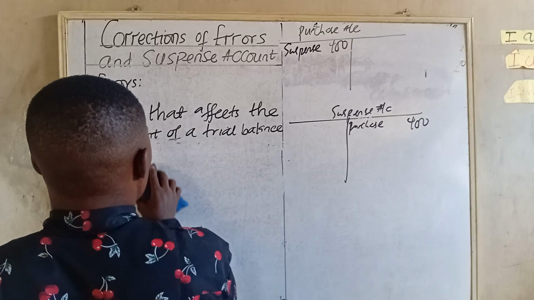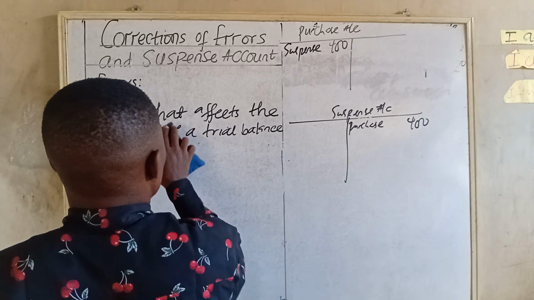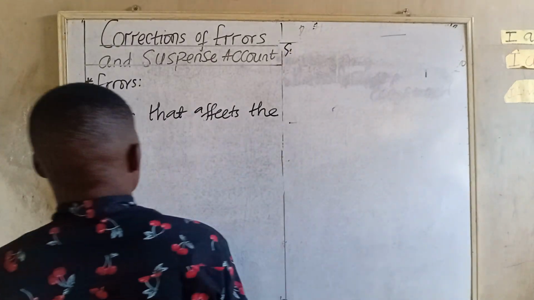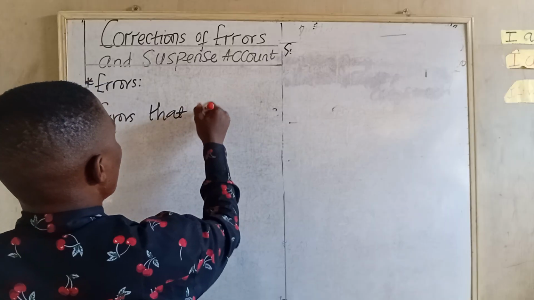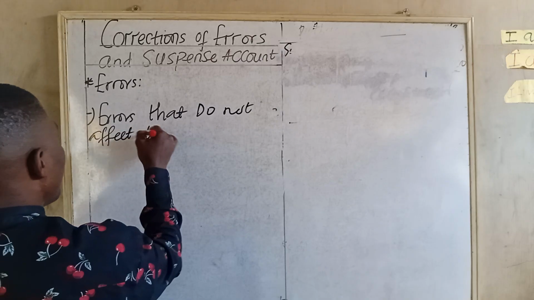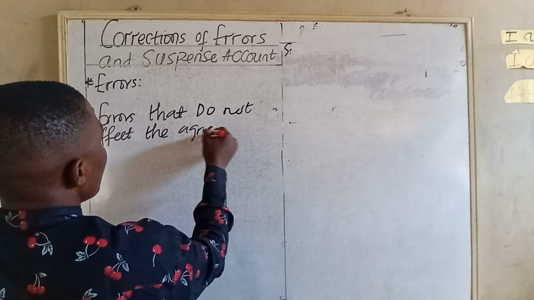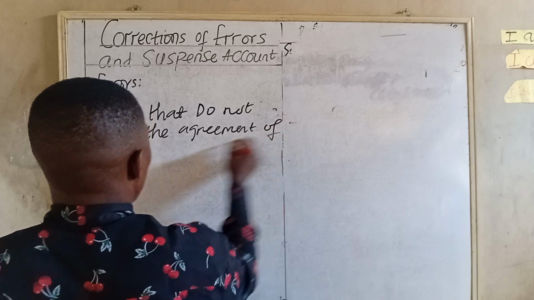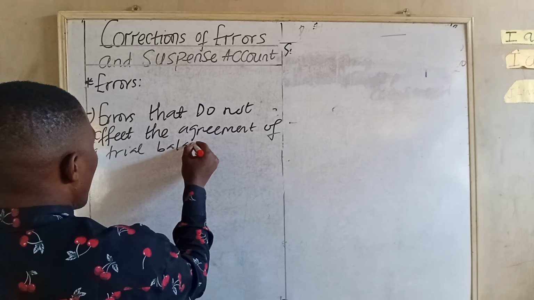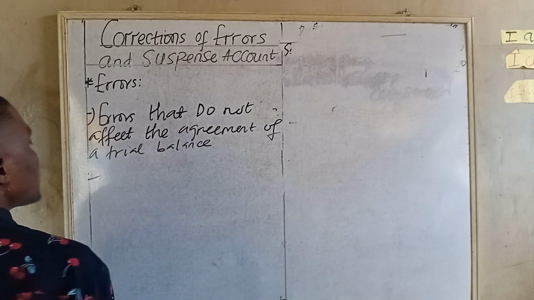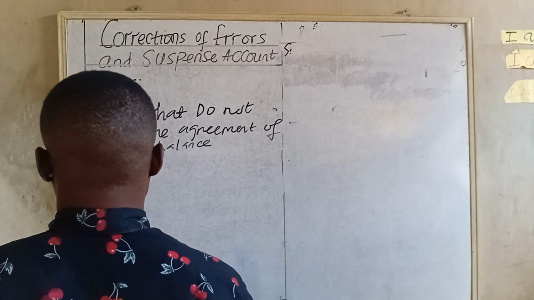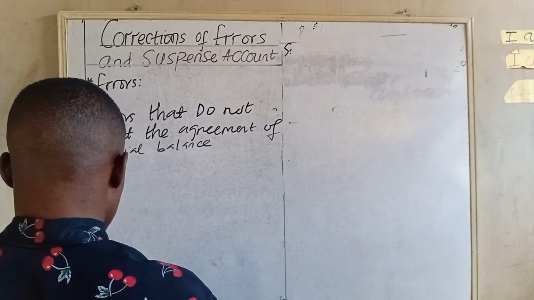Errors that do not affect the agreement of a trial balance. So let's list the errors. We have so many errors that do not affect the agreement of a trial balance.